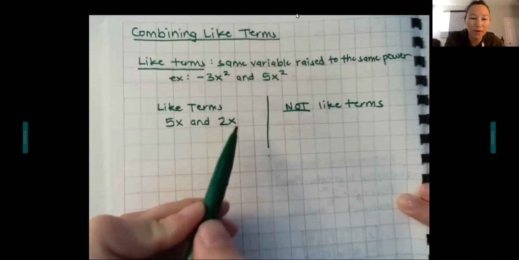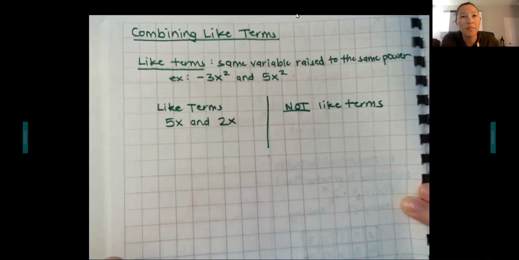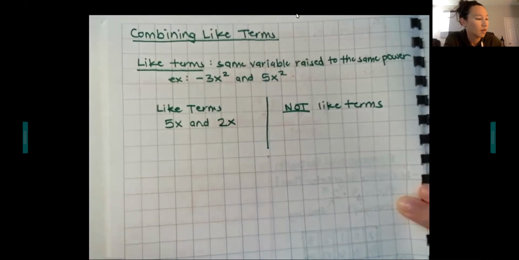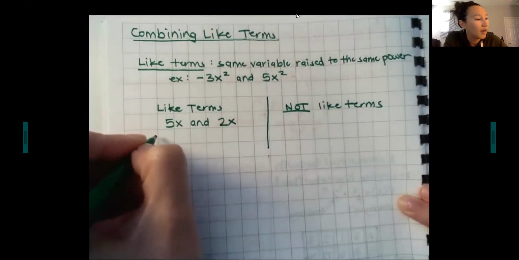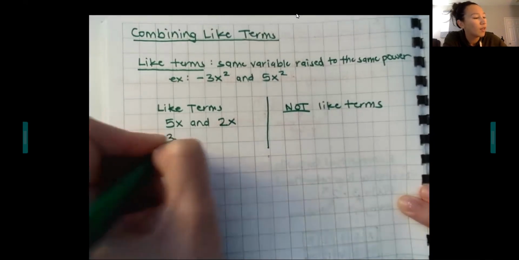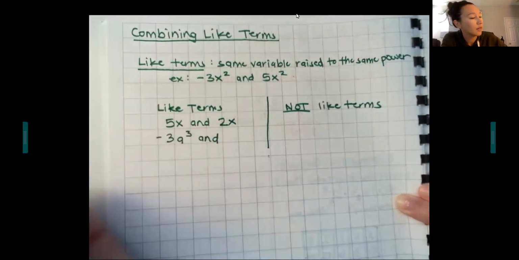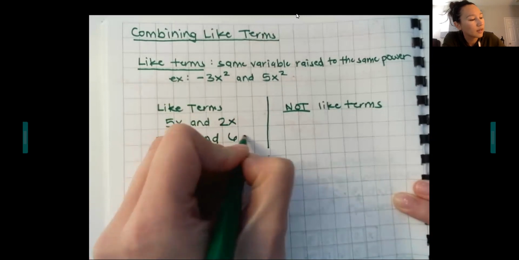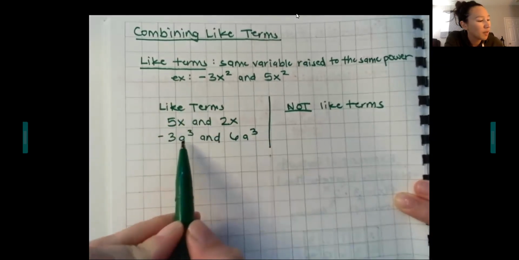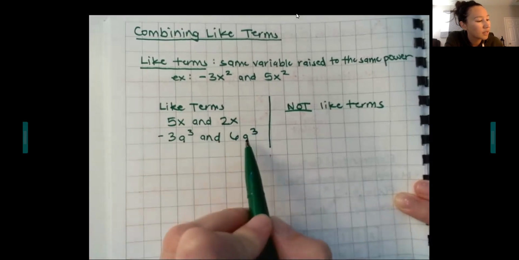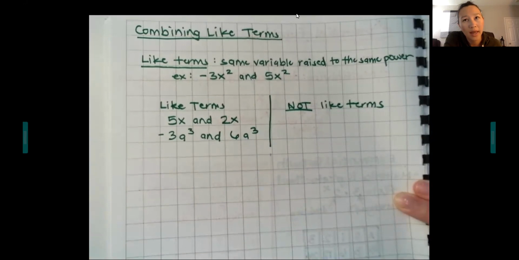We don't write the power of 1 because it's understood that it's there, but these are like terms, which means we could combine them. Another example would be negative 3a cubed and 6a cubed. So we're not worried about the numbers in front, we're just worried about the variable and its power. So since this one has a to the third power and this one has a to the third power, those are like terms.